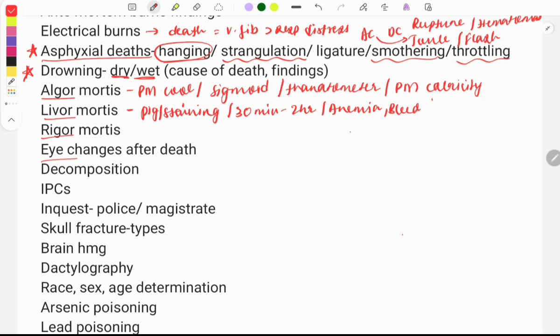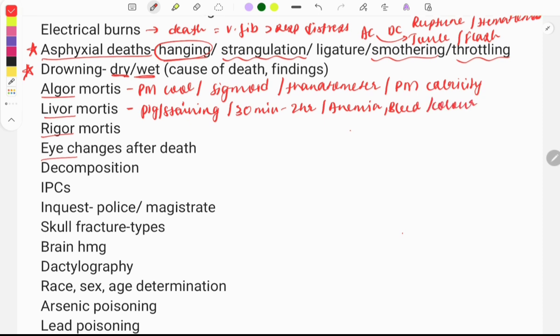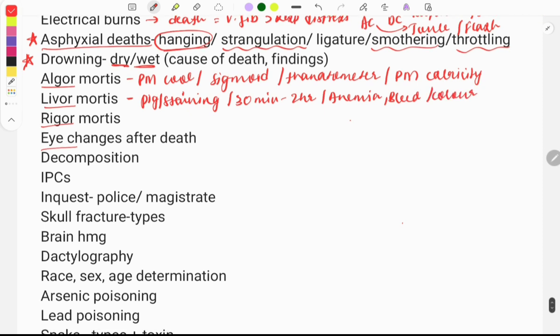And questions are also asked on the color, like if there is any poisoning, which kind of pigmentation is seen. Normally it is blue or purple, but in CO poisoning it is cherry red, and in cyanide poisoning it is brick red. So multiple times this question is asked: cherry red and brick red.